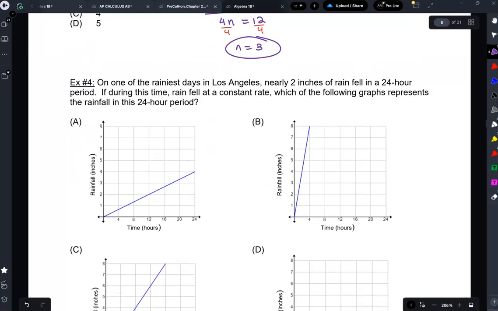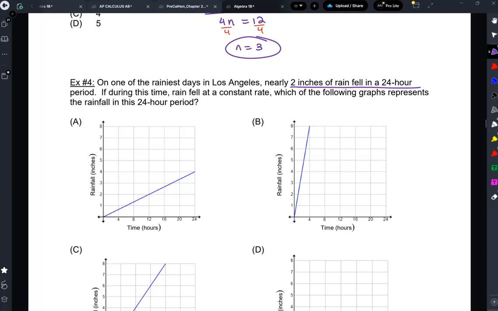Okay. On one of the rainiest days in LA, nearly 2 inches of rain fell in a 24-hour period. So 2 inches in a 24-hour period. During this time, rain fell at a constant rate. So which of the following represents the rainfall in this 24-hour period?